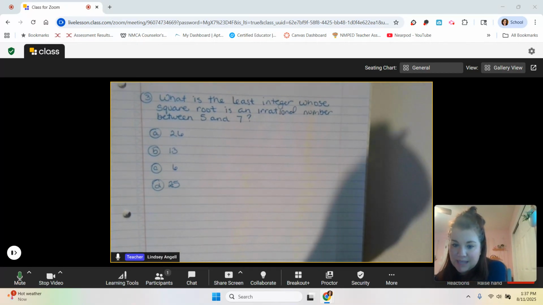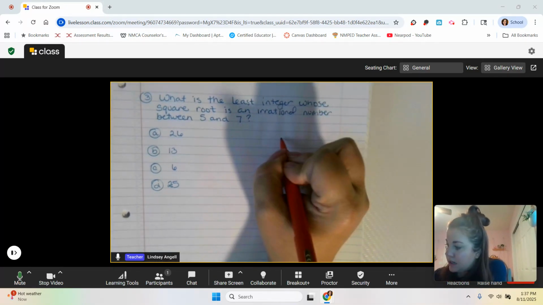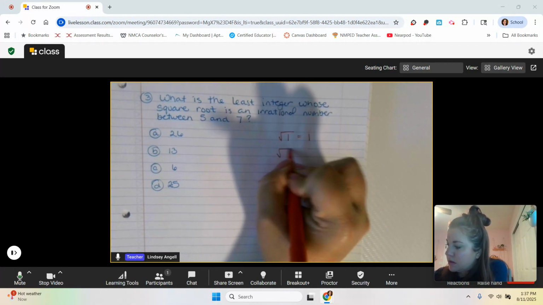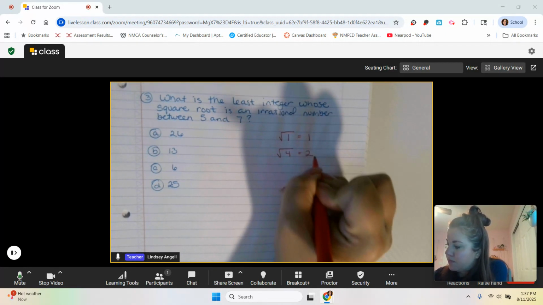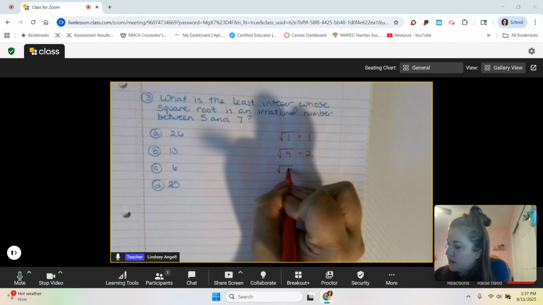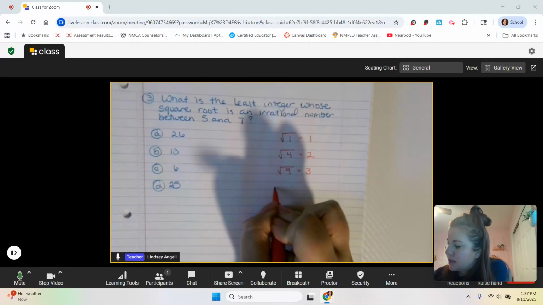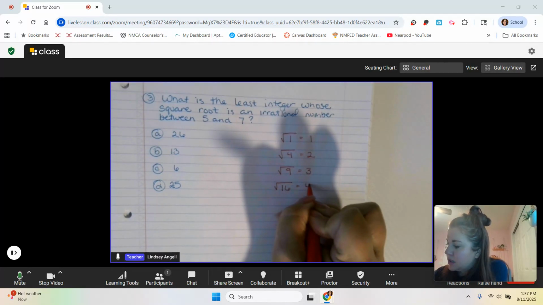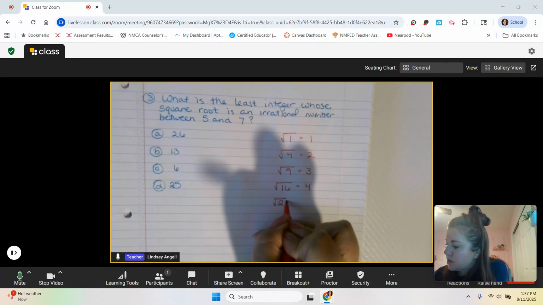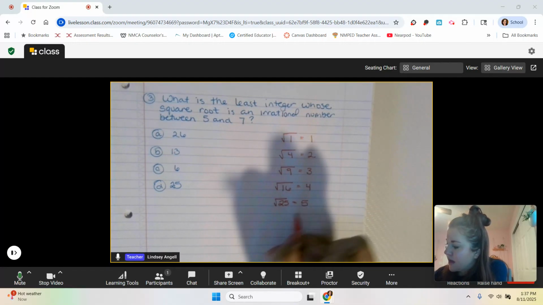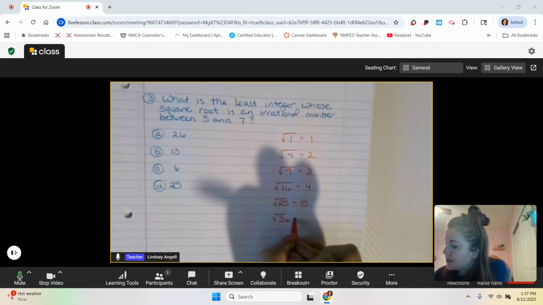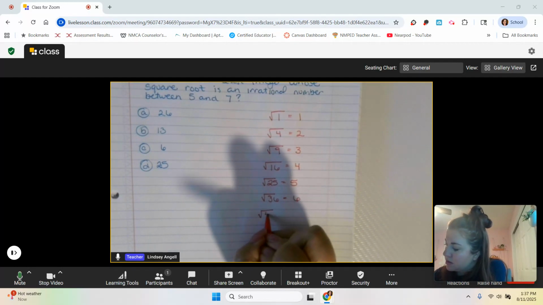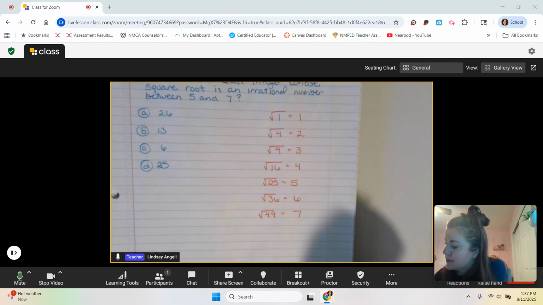I'm going to make that same list that I already did of the perfect squares. So we've got the square root of 1 is 1, square root of 4 is 2, square root of 9 is 3, square root of 16 is 4, square root of 25 is 5, square root of 36 is 6, square root of 49 is 7.